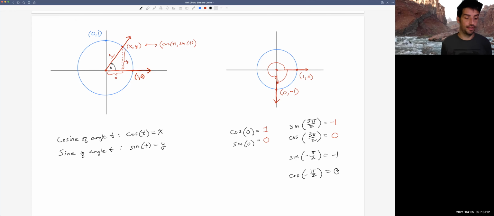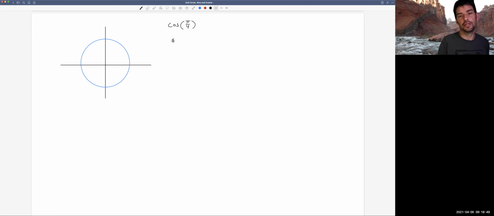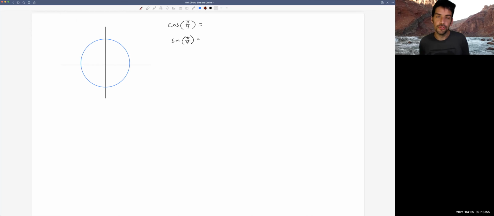So again, draw my unit circle. We'll call that close enough. And let's do the angle. Let's do the cosine of pi over 4 and the sine of pi over 4. Okay, so sine of pi over 4, or let's just think about the angle pi over 4.